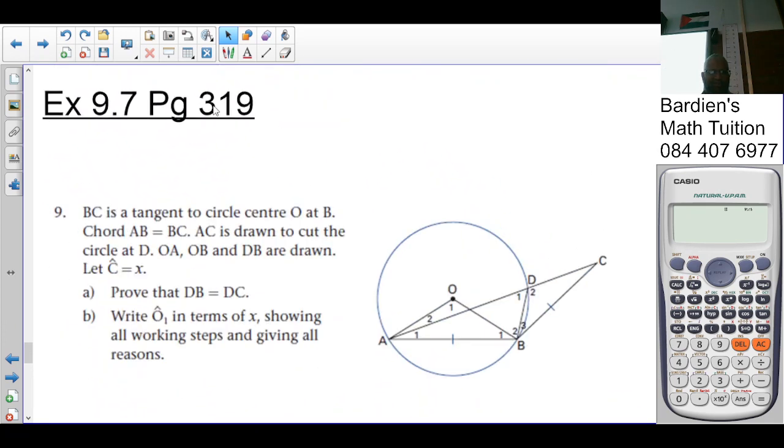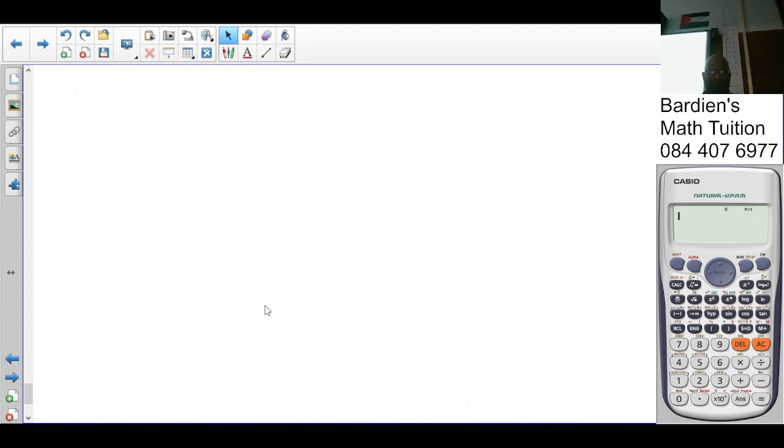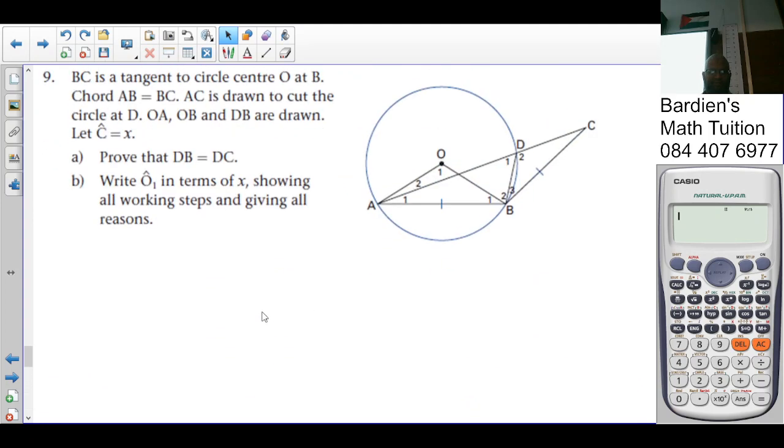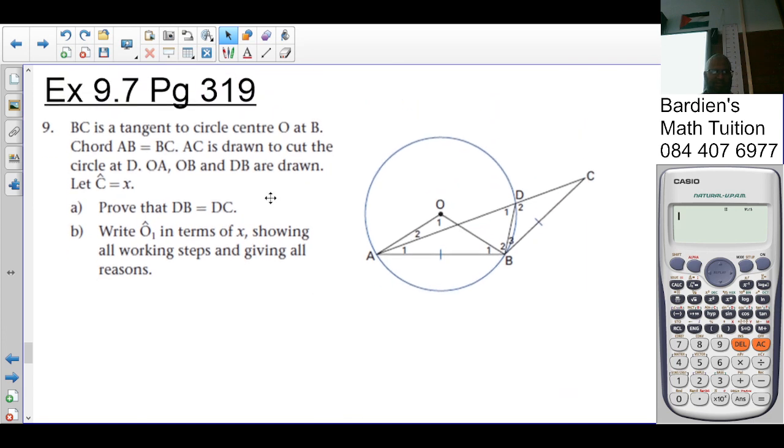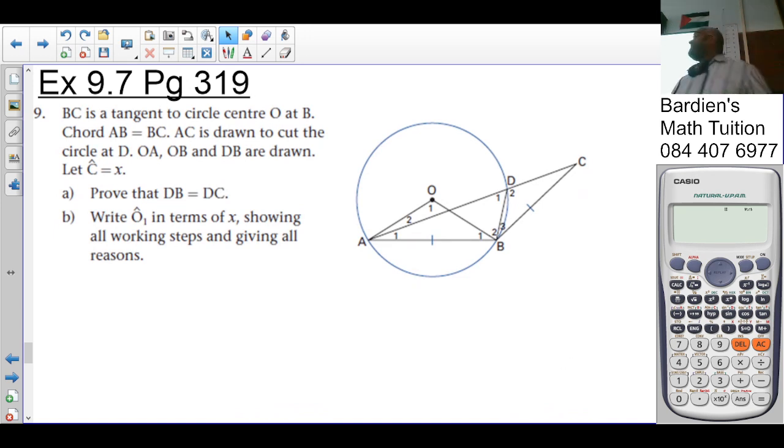It's the last one of this exercise, which is number 11 as well. Last one. So here we are told that BC is a tangent to the circle at O. If that's the case, what do we know? What do we know, people?